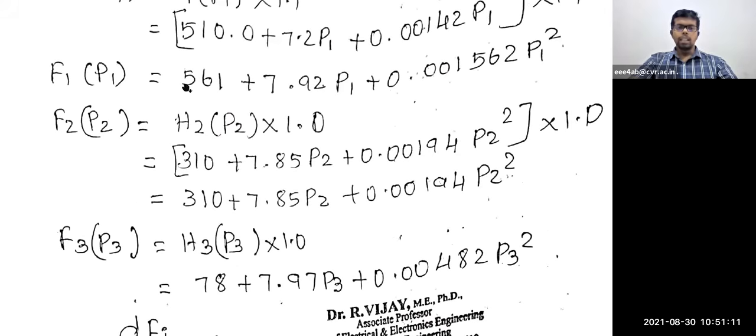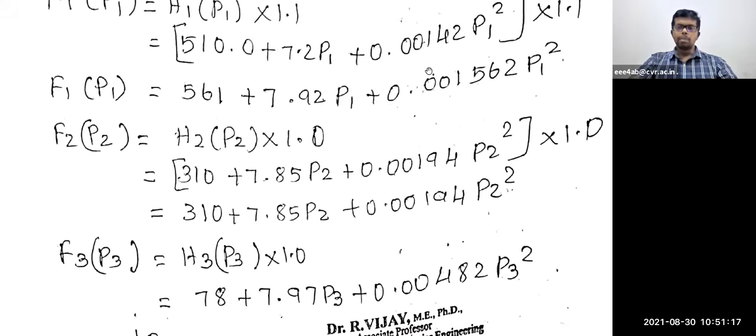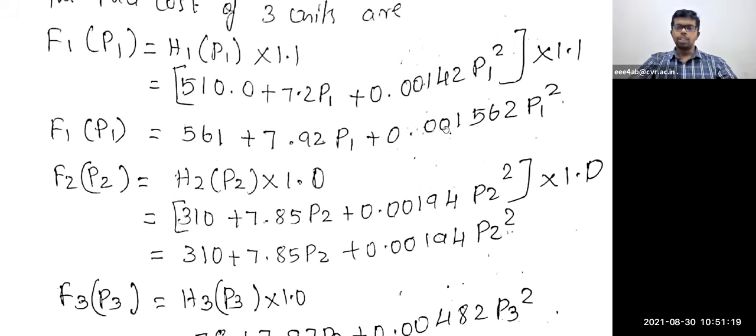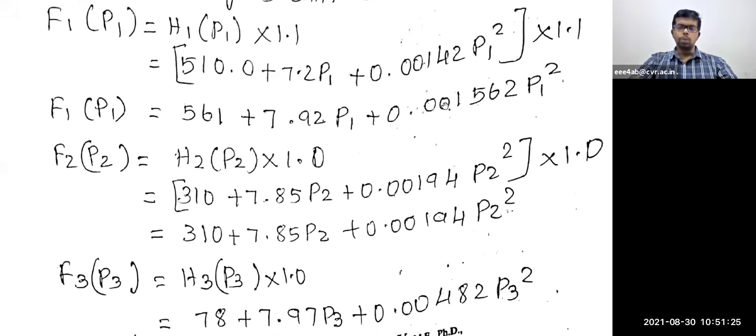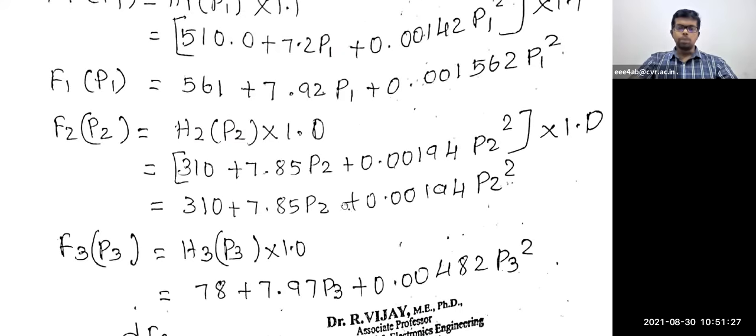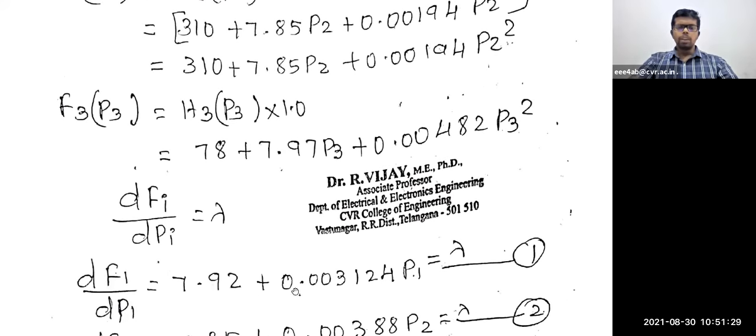Okay, so this constant term we can differentiate. So 7.92 plus, this term is also there, that is 0.001562 P1 square. If you differentiate this, this term into 2, you will get 0.00312 P1, equating it to lambda. So take this as equation number 1.